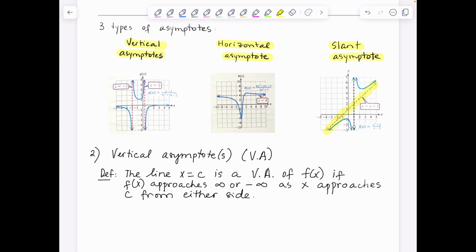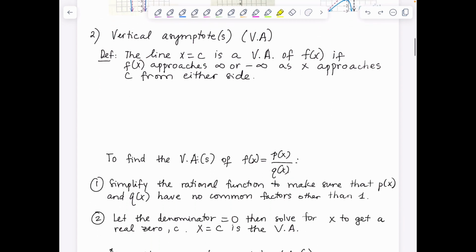That's a pink line there. And that line also helps shape the behavior of the function. Furthermore, in that third picture, you also see a vertical asymptote at the same time. So they could coexist. So in this video, we are going to focus on vertical asymptotes, or I will abbreviate it with the letters VA.